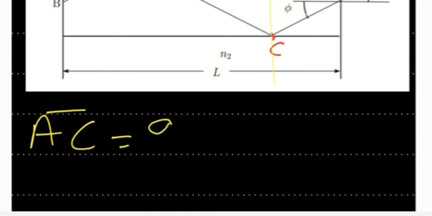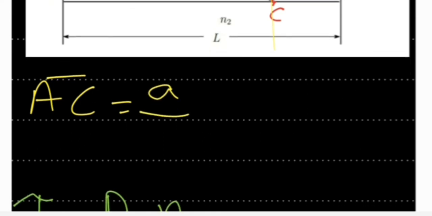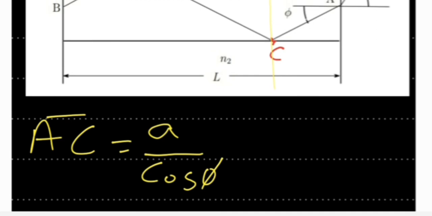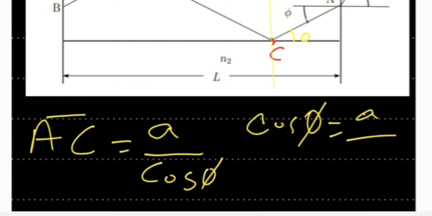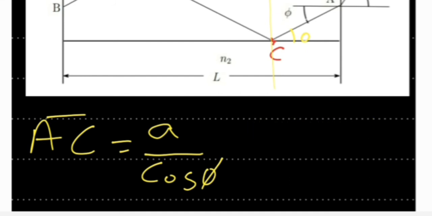So AC is equal to a divided by the cosine of phi. Okay, why? Because phi is over here. Cosine of phi is equal to the side, which I'm going to call a, divided by our AC. So just remember, where is a?